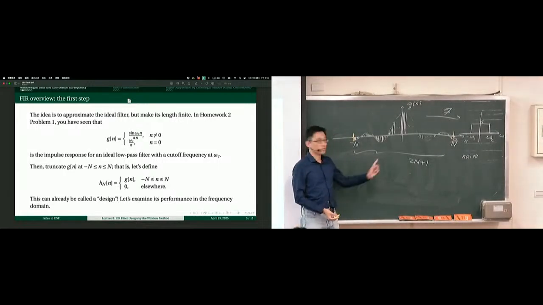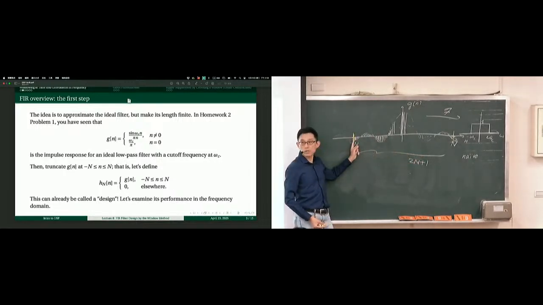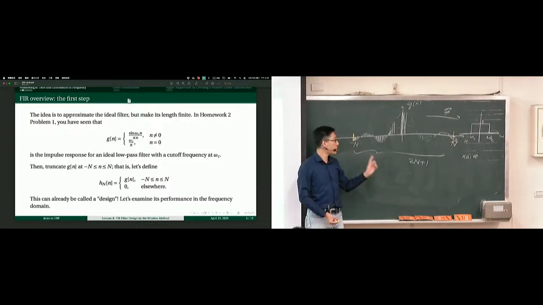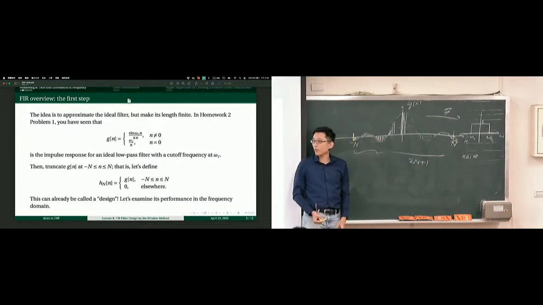Yes and no. It's not causal yet, right? But we can shift it all to the right and redefine time zero. Now this is the first sample, and the one next to it is the second sample. This is something that can be stored in your computer. If you allow a delay by n samples, this can be implemented. It has finitely many samples, 2n plus 1, maybe 1,000 plus 1.